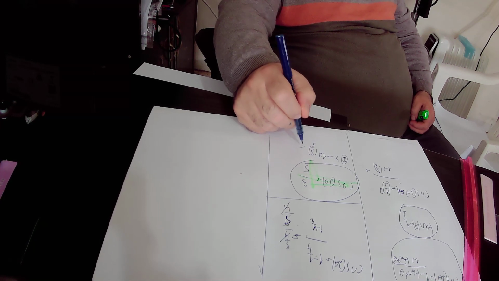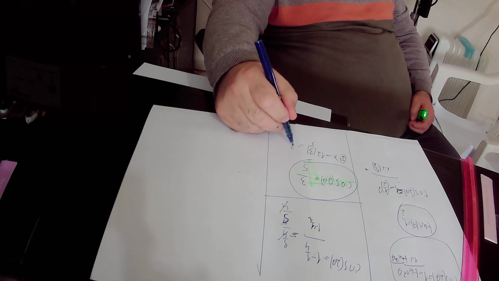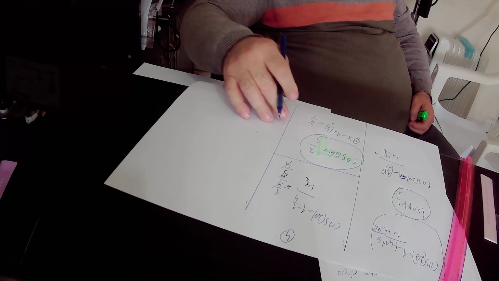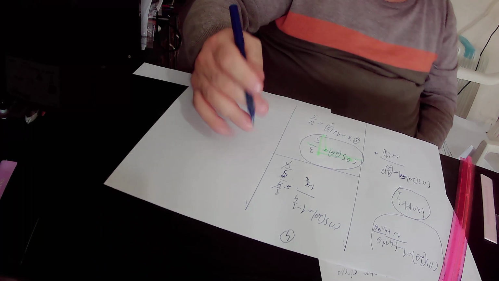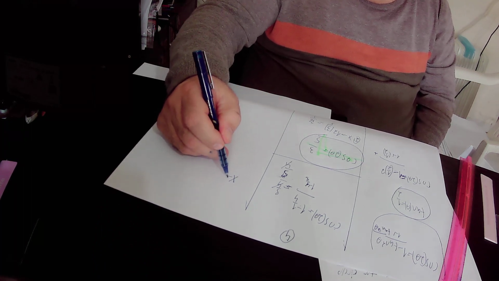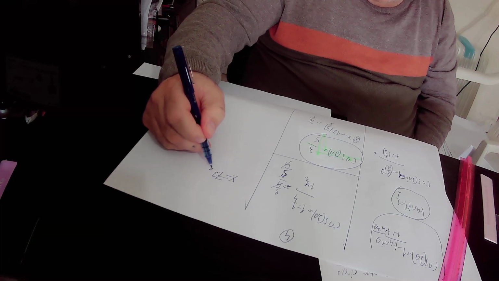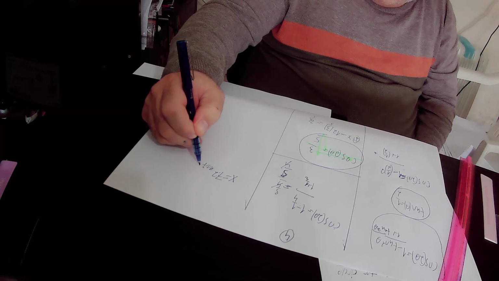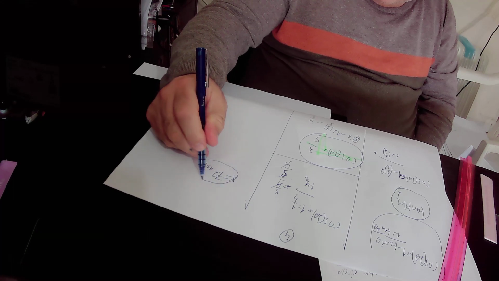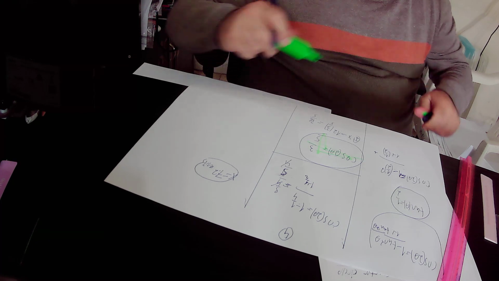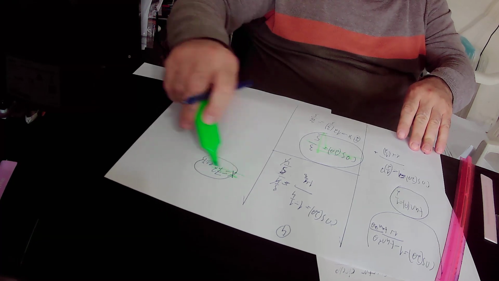So x equals 12 times 3 is 36 over 5. X equals 36 over 5. That is to say, x equals 7.2 units.